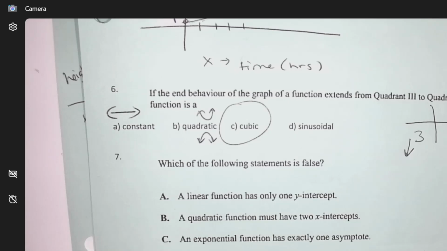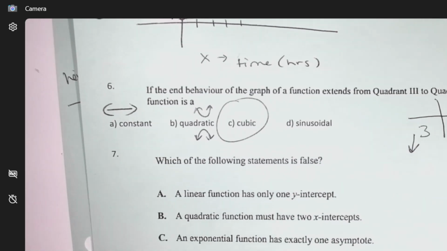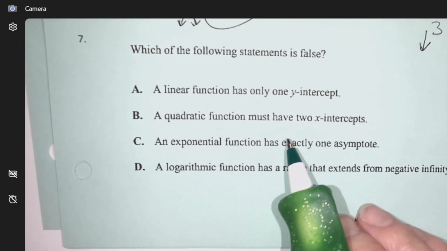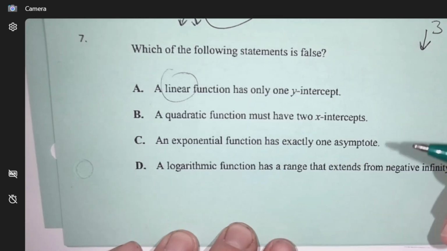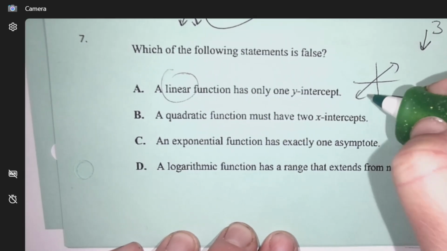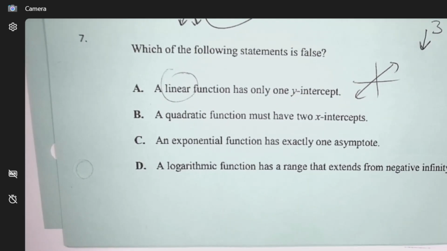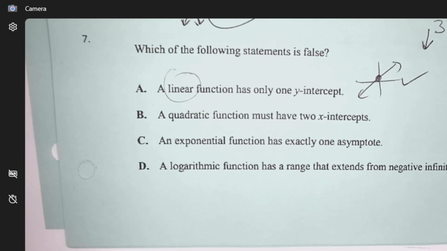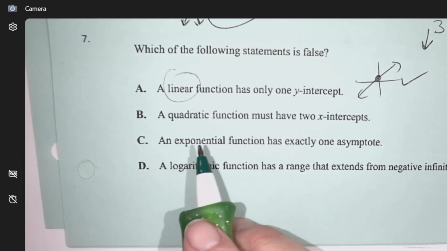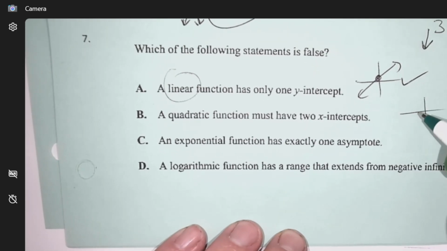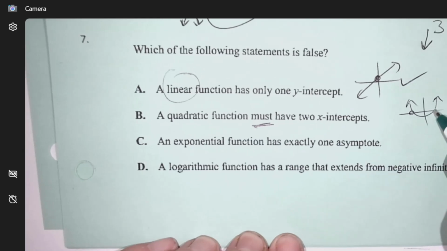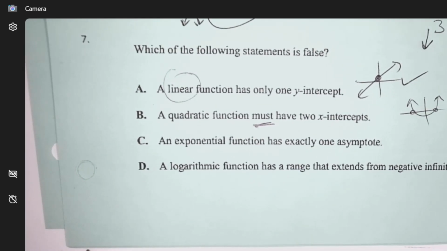Okay? Which one is false? So a linear function, do you remember what linear is? It's a line, has only one y-intercept. What do you think about that statement? That would be true, so it's not that one because we're trying to pick a false one. A quadratic function must have two x-intercepts.